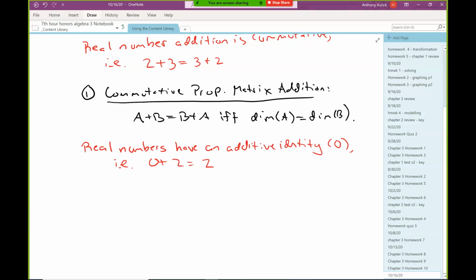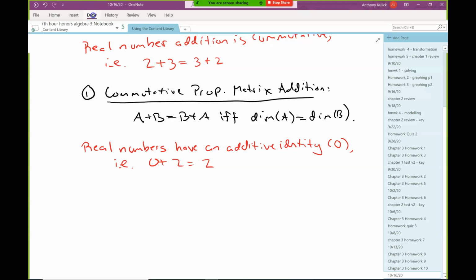So each dimension of matrix has its own additive identity, right? The additive identity that works for a 2x2 matrix doesn't work for a 2x3 matrix. We need a new 2x3 matrix that's all full of zeros. That's what we lose.